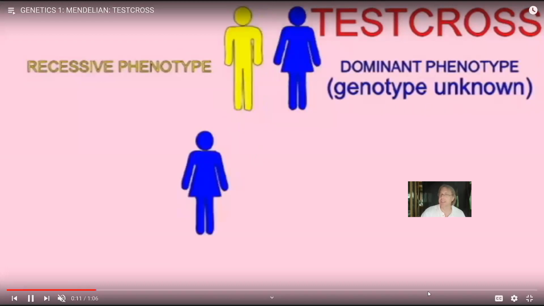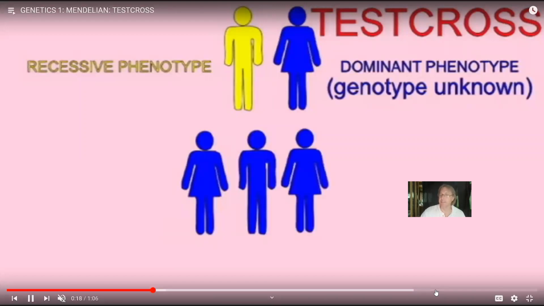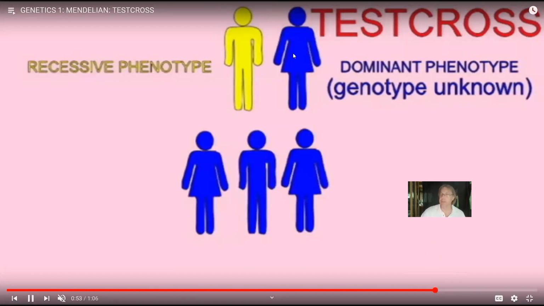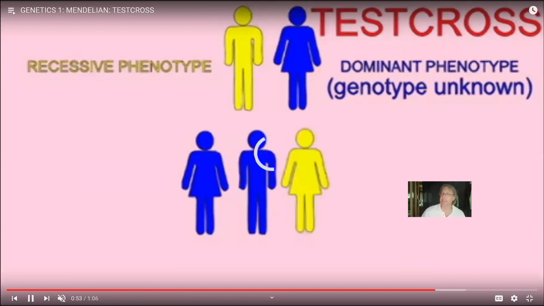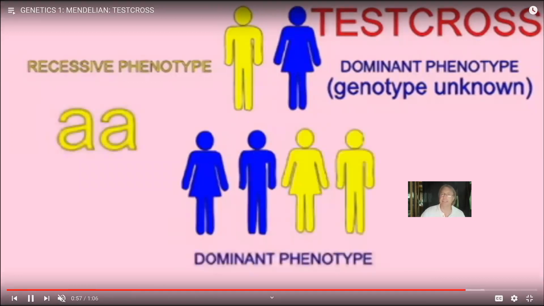Because if this individual is homozygous dominant, then all of their offspring will have the dominant phenotype. All right. If this individual is heterozygous, then half of their offspring get the recessive allele and would have the recessive phenotype. So this is what is known as a test cross.